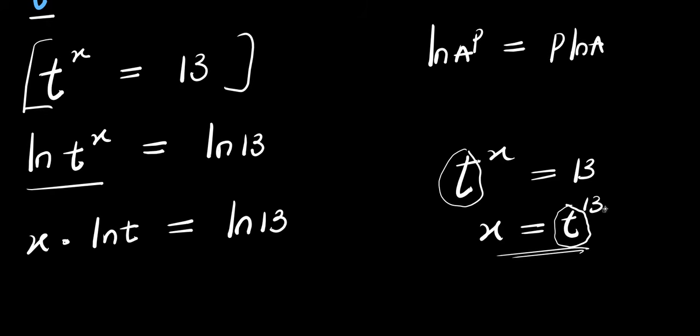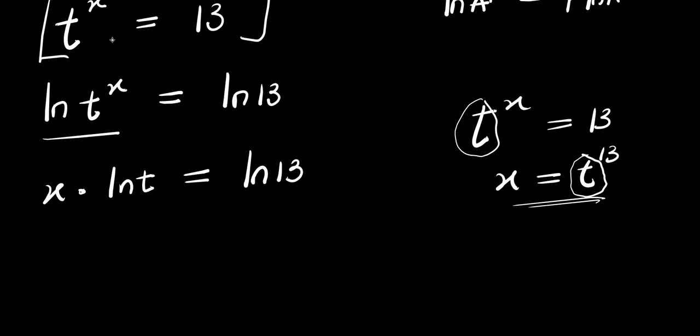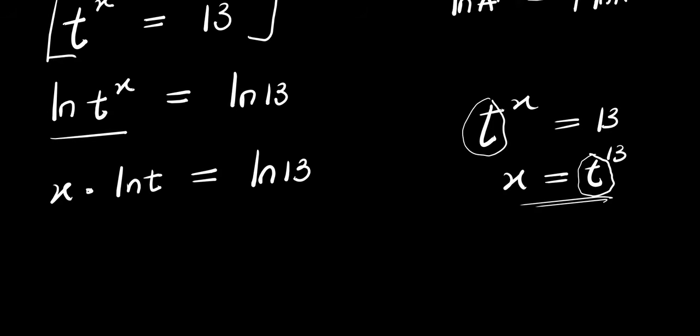And to isolate t, we need to eliminate this 13. So I'm going to multiply this exponent by 1/13. So we'll have x to the power of 1/13 equals t power 13 raised to the power of 1/13.